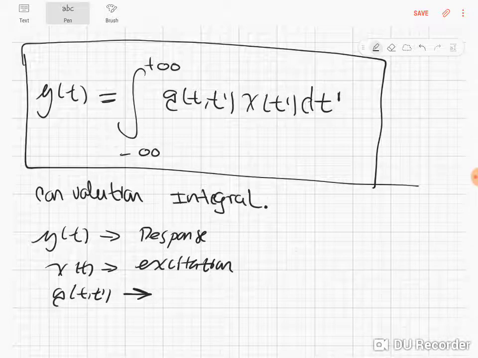Therefore, once g of t comma t prime is known, and once the excitation x of t prime is provided, we can completely determine the response. So g of t comma t prime is what characterizes the system. That's the very bit of information that we're looking for to determine the response to an arbitrary excitation x of t. And this is usually called the impulse response.